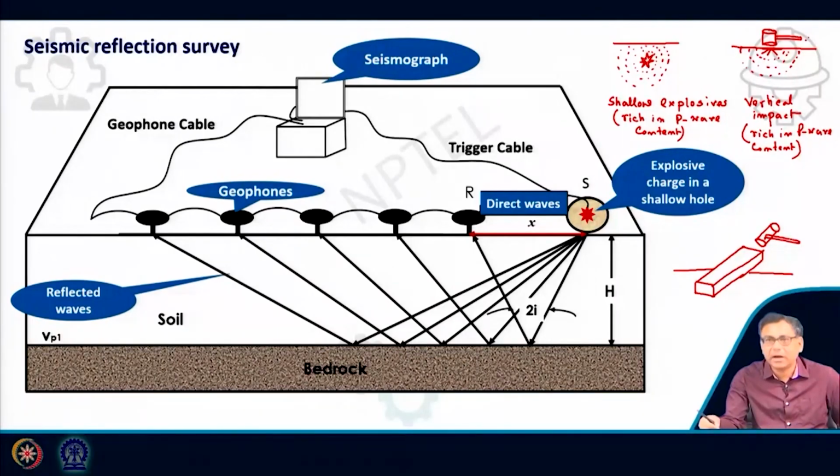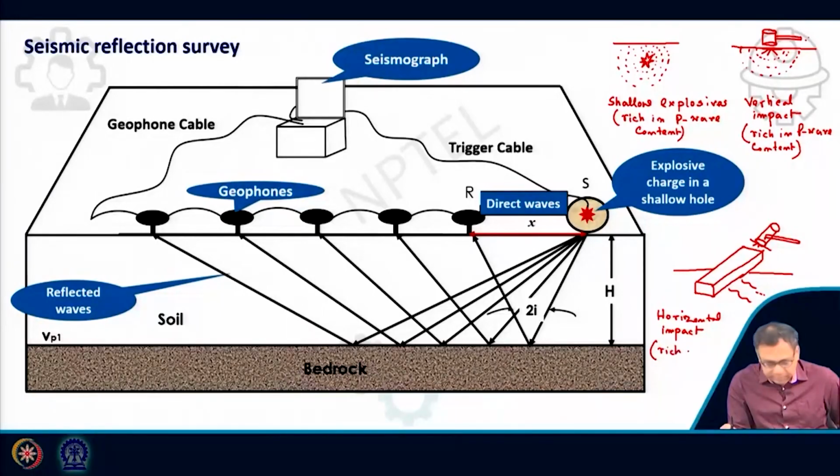That means this will be the impact, and then the wave will be generated. Now, this type of horizontal impact will be rich in SH, that means shear wave horizontal component, SH content.